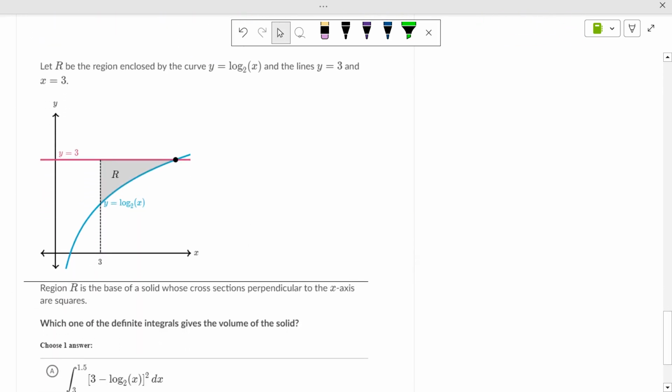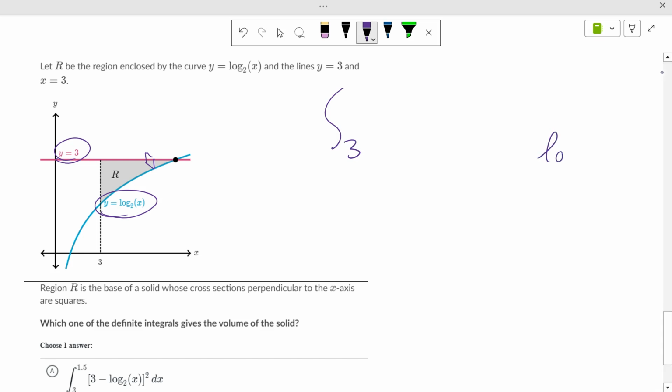Oh, this one. We're perpendicular to the x-axis, so we're here. We're making squares, so it's here, here, here. So it's got to be this line minus this line. Okay? So it's going to be the integral from 3 to, wherever these meet. So we got to figure out where they meet.